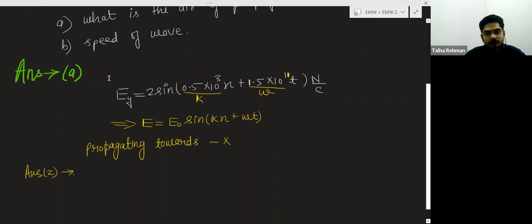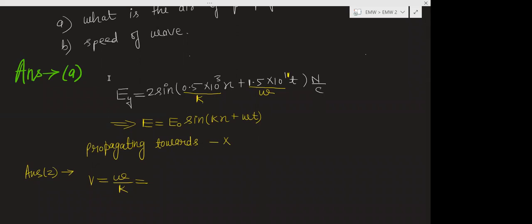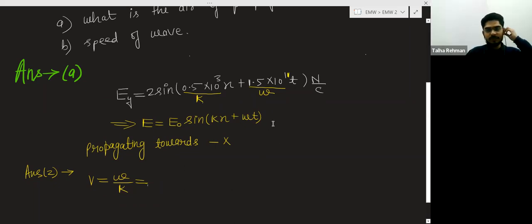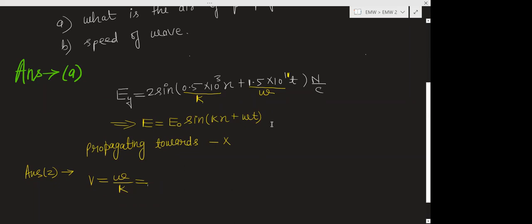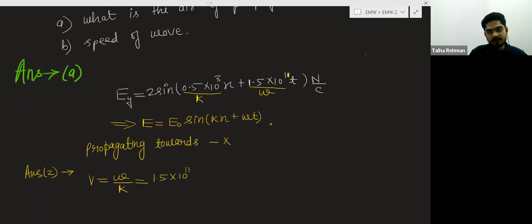Second, they are asking the speed of the wave. Speed of the wave is given by omega divided by k. So Matthew, what is the value of omega in this question? 1.5 into 10 to the power 11.